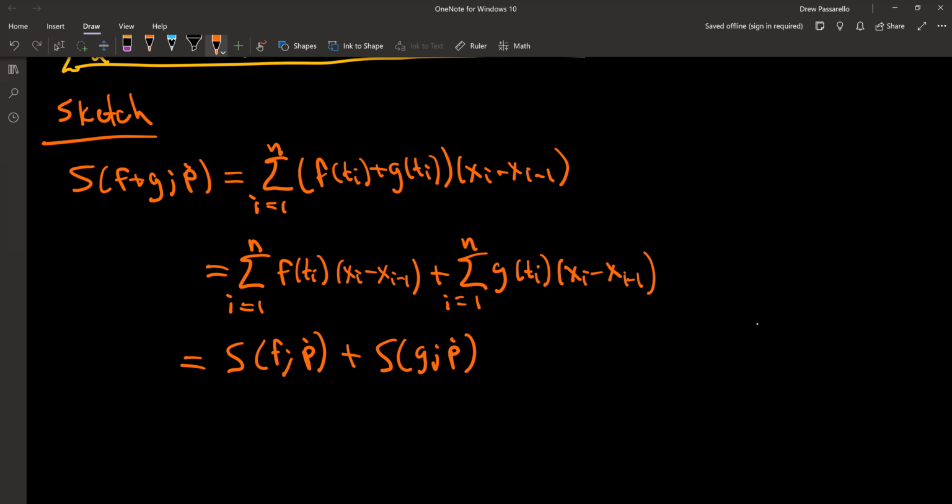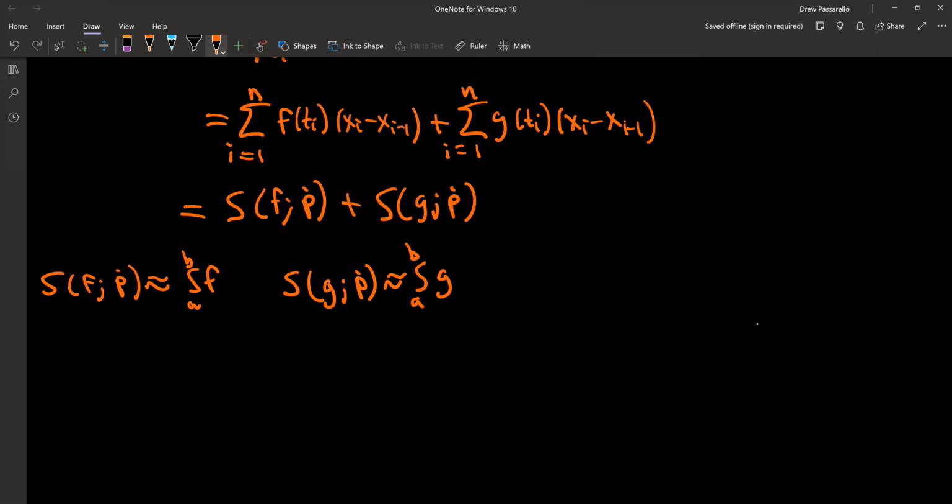And this is dependent on how skinny the rectangles are. So again, these are approximately these things because of the Riemann integrability of these two functions, and that's for the rectangles being sufficiently skinny.